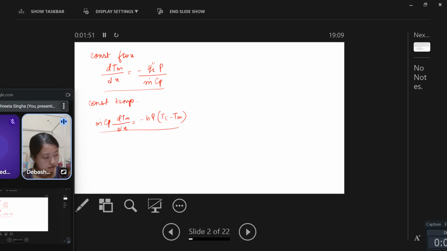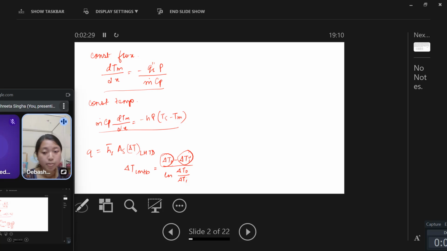Then we also have this Q convection, delta T LMTD, where delta T LMTD is given by ln delta TO divided by delta TI. So delta TO, delta TI is the temperature difference at the outlet and at the inlet.